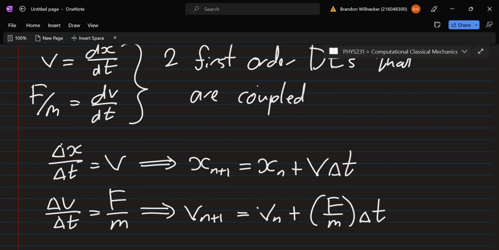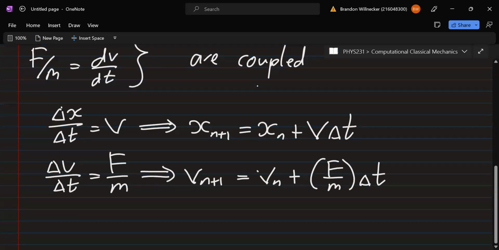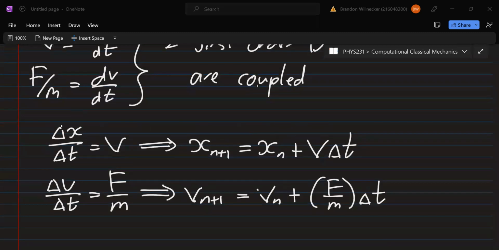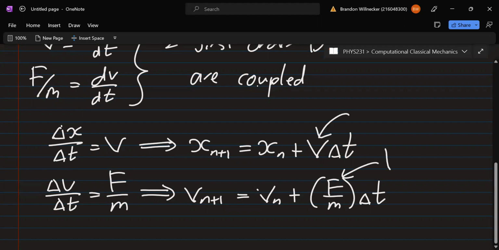So we have this simple updating procedure, very similar to the updating procedure we had for the Euler method. But here, instead of just updating x, we're updating x and v. Notice that this v appears in this updating here, and maybe f could depend on x and v as well, so the variables appear in both.